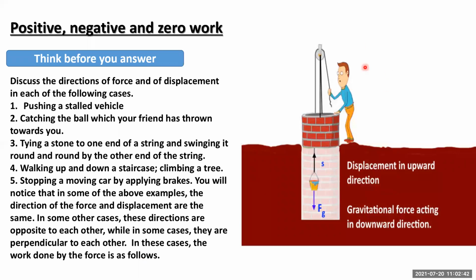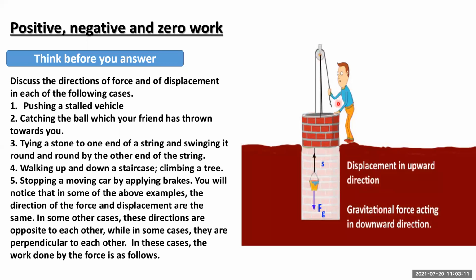Now see this example in this figure. A man is drawing water from a well. The water in the bucket is displacing upward, so the direction of displacement is upward.